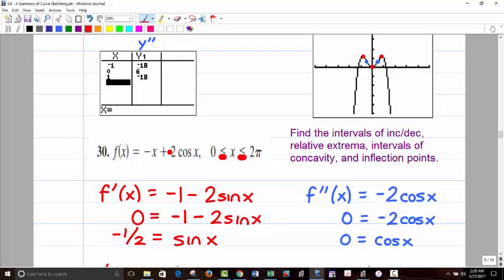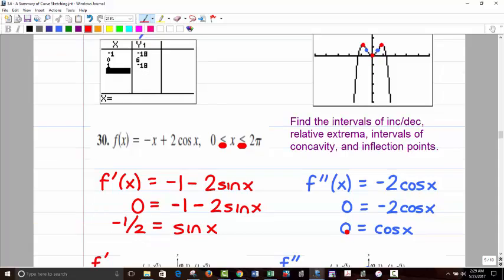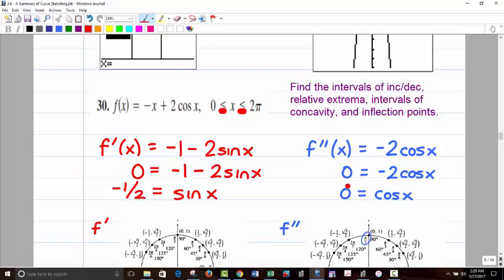would be negative 1, and then the derivative of positive 2 cosine of x would be negative 2 sine of x. It looks like this one I did a little bit differently, where I set both of them equal to 0 kind of simultaneously, and we'll use the appropriate ones in the right sign chart.